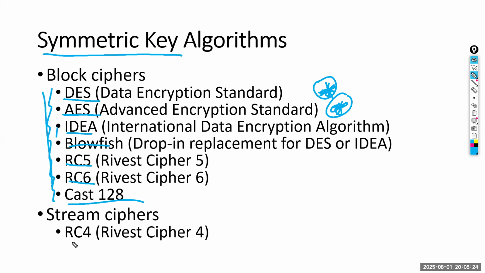And finally, we will look at one of the stream ciphers, where encryption and decryption are done character by character. That is the RC4 cipher. RC5 and 6 are block ciphers. You can see the newer versions of RC4 are also block ciphers. Now you can see the trend, right? The trend is going more and more towards block ciphers.